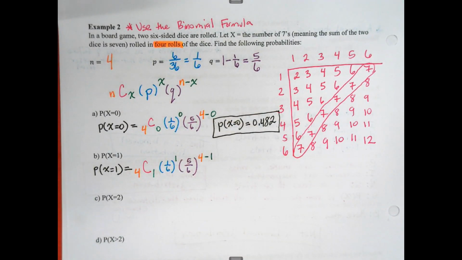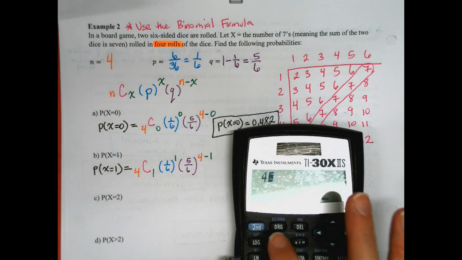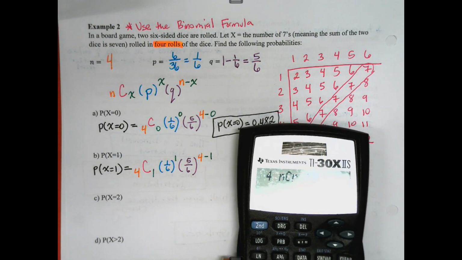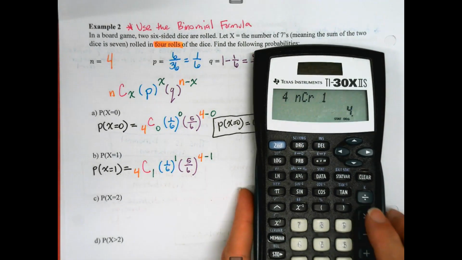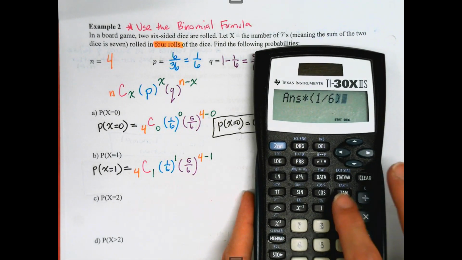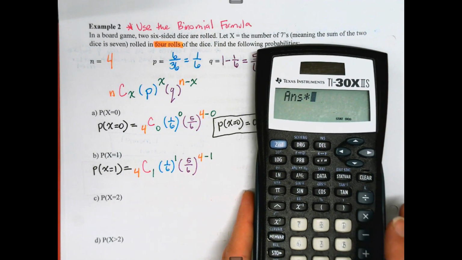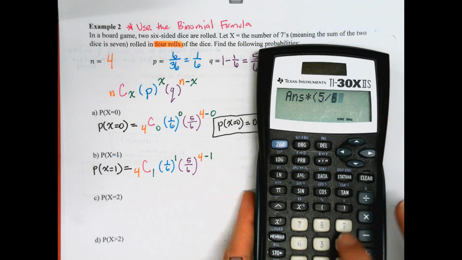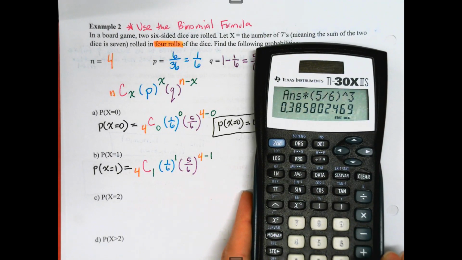If we use our calculator for 4C1 times 1/6 to the first power times 5/6 to the third power, that gives us 0.3858.